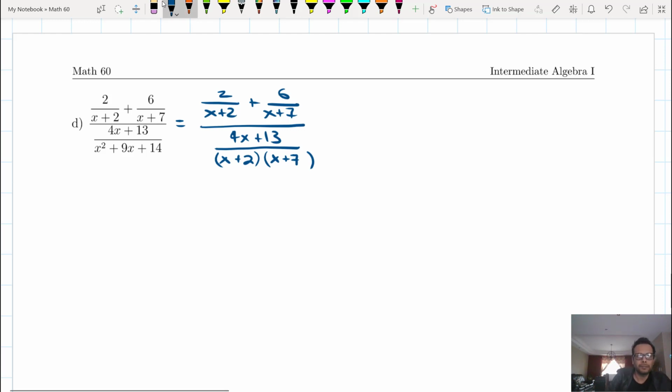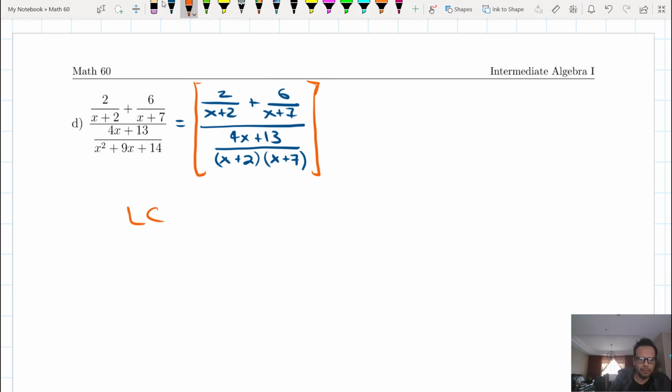Good. The next step, find the LCD. Find a global LCD, right? Find the LCD of all denominators that you see contained in the complex fraction.